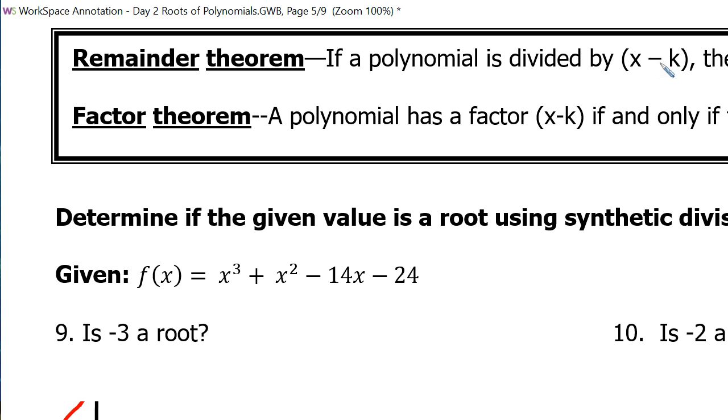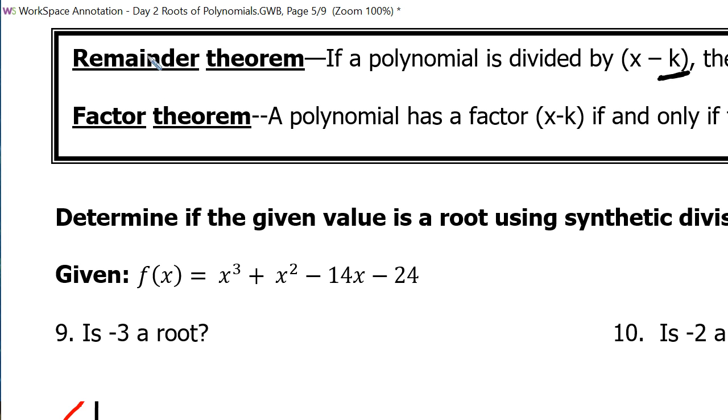So what that means is if this is the factor, notice right here we have a negative k, you change that to a positive k, substitute it into the equation, and whatever answer you get is going to be that remainder. Now, we don't use that too often.